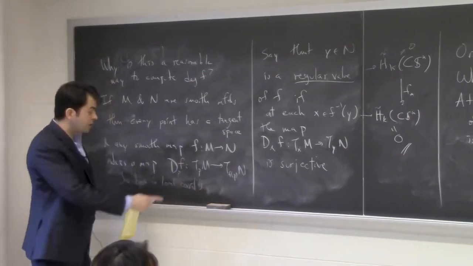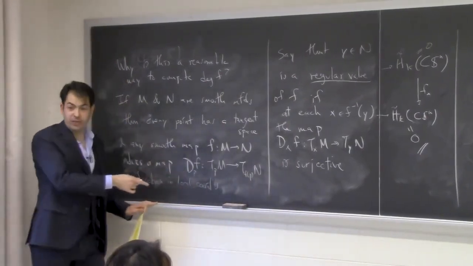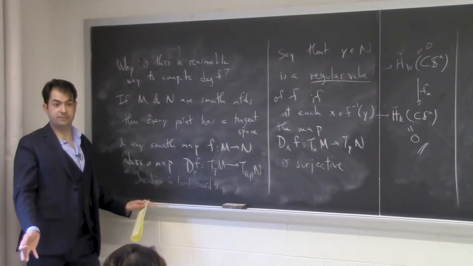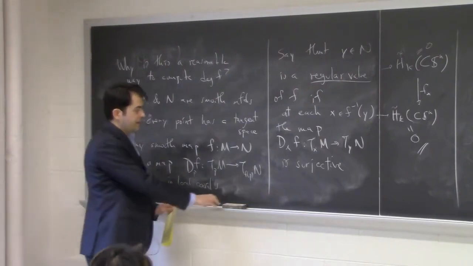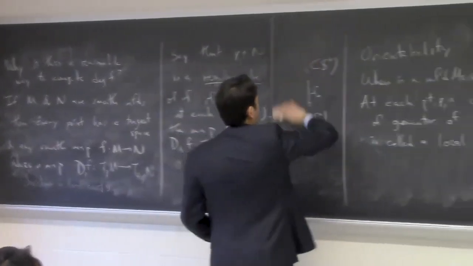Okay, so look at all of the points where this Jacobian matrix has full rank. Those are called regular values.